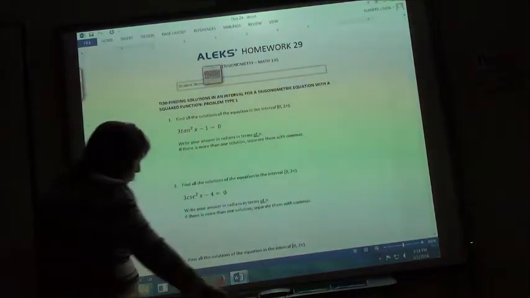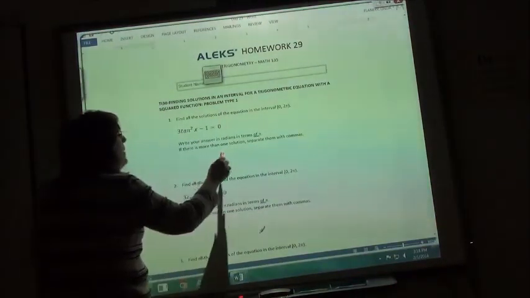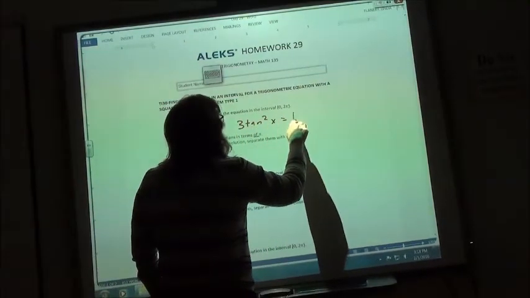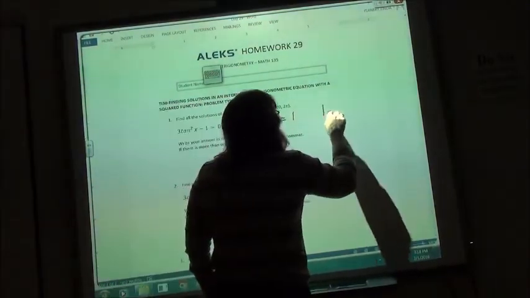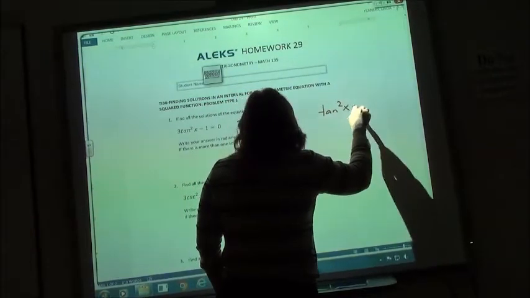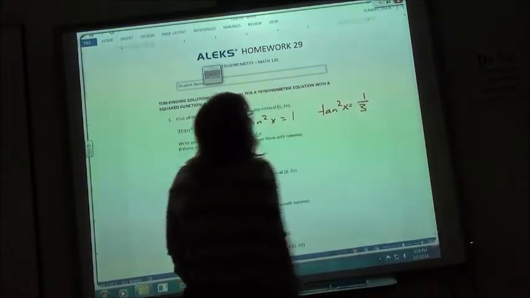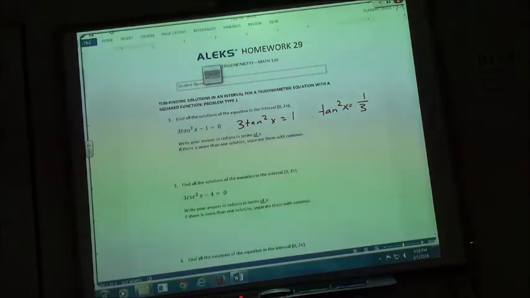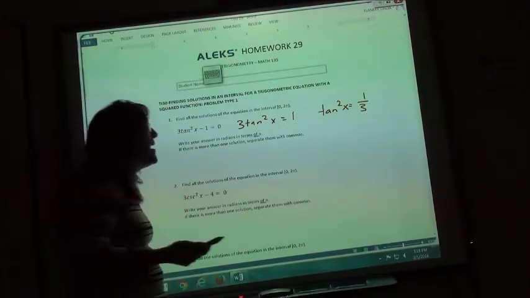So again, we're going to solve these, and so I'm going to have 3 tangent squared of x equals 1. I'm going to divide by 3, so tangent squared of x equals 1/3. And so since I have tangent squared, in order to solve that, I have to take the square root. And when I do the square root, I do plus or minus.